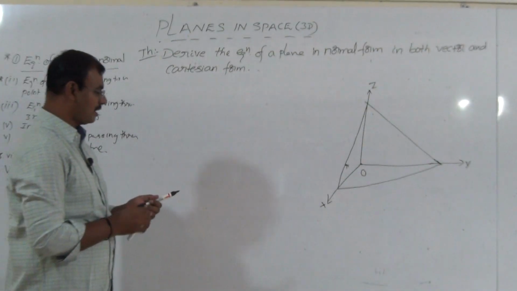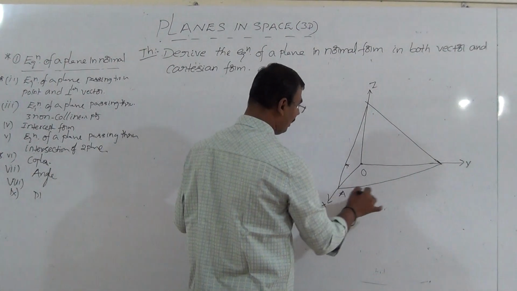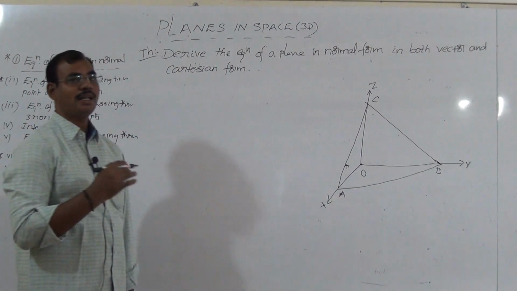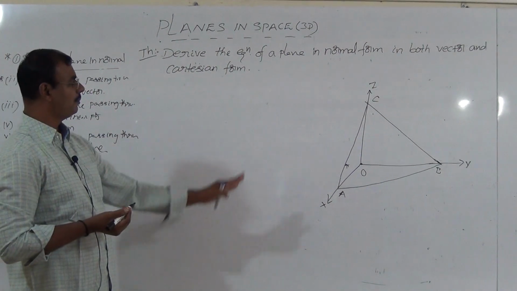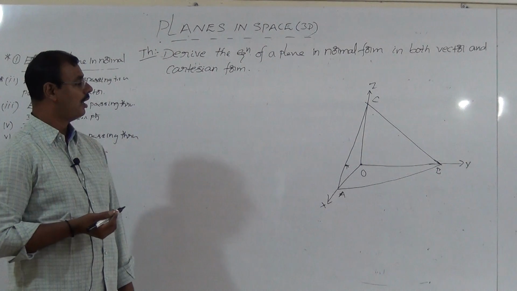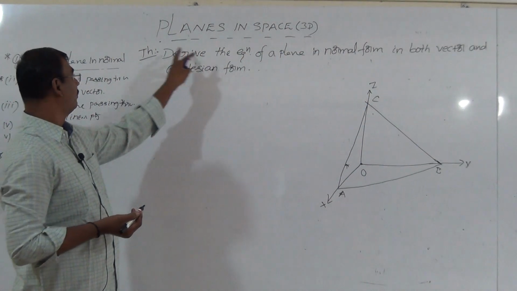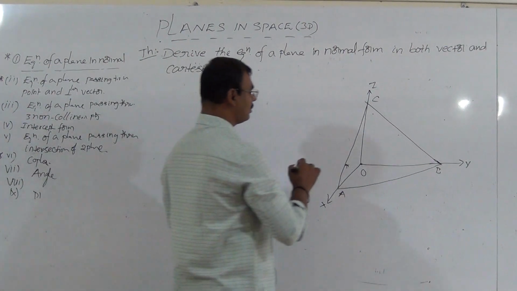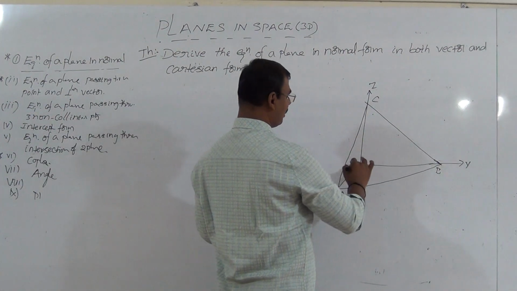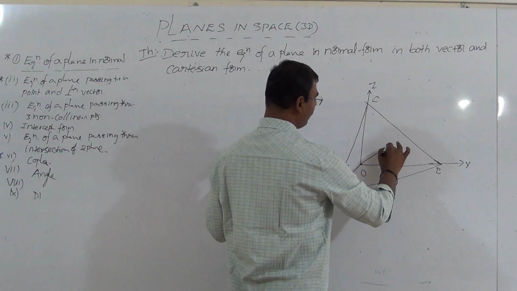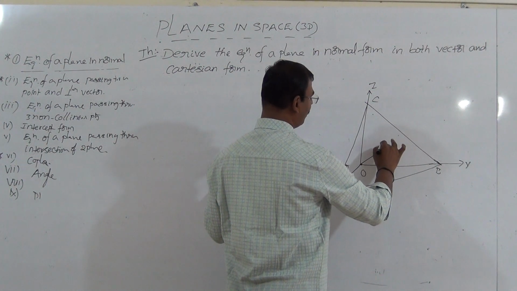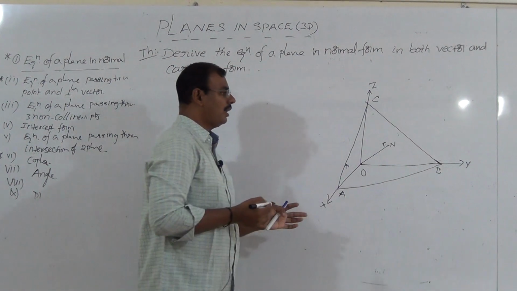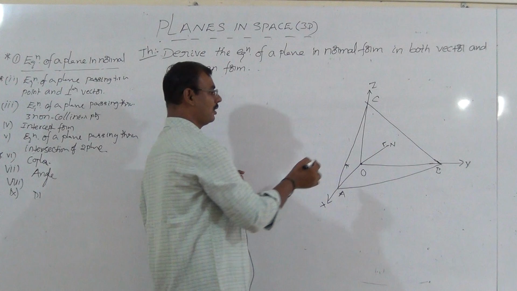So these are the points A, B, C. According to the statement, whatever is given should be present on the diagram. How to present it here? Normal form means a normal vector to the plane. So let us take a normal. I consider this vector, which is perpendicular to the plane. Let ON be the normal vector to the plane.